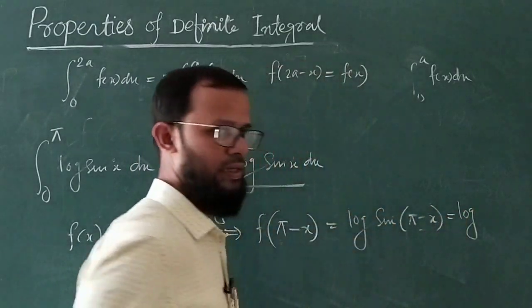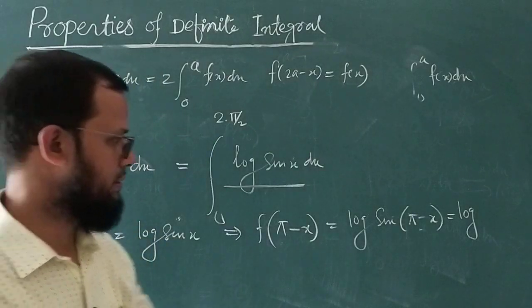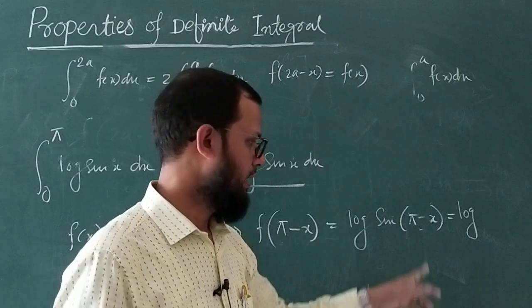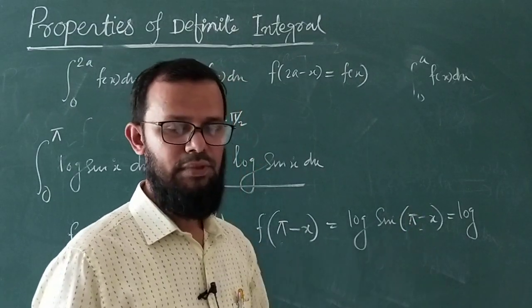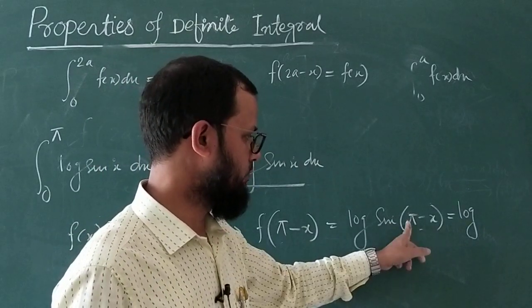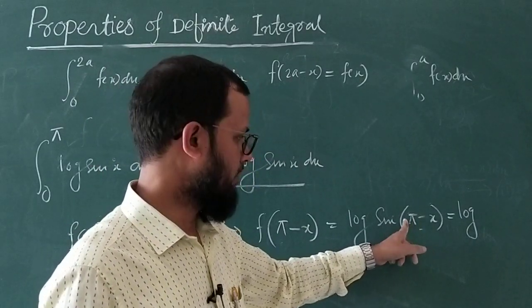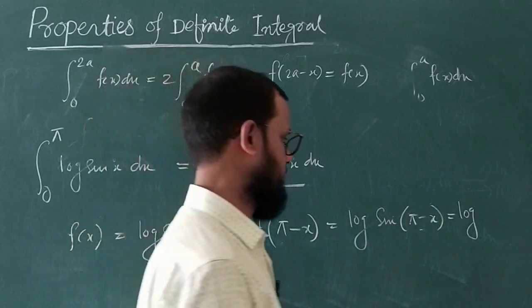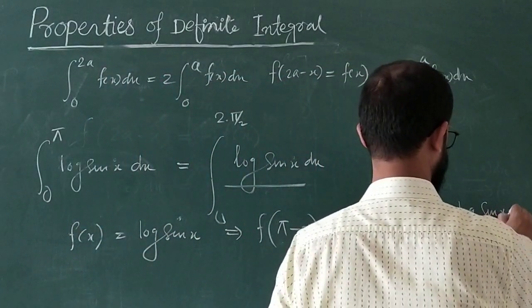We know sin(pi minus x), the angle lies in the second quadrant, and in the second quadrant sin is positive, and since pi is there, an integral multiple of pi, what will happen? The sign changes will not happen, and you can say 2 into pi by 2. So what is the coefficient of pi? It is 2, an even number, so the sign cannot be changed, it will remain the same. So it is log sin x.